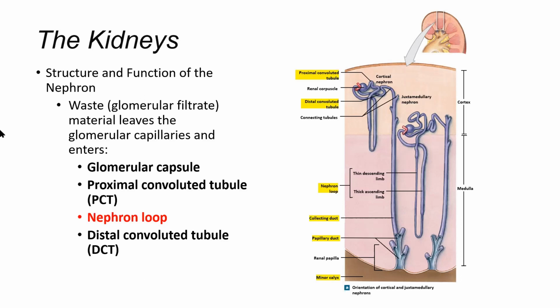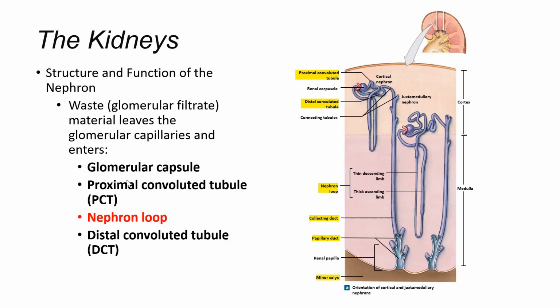That will then get communicated to the proximal convoluted tubule, so that's the initial part of the tubular structures. We then go to the nephron loop, so this downward projection here is the nephron loop, also called the loop of Henle. We then communicate to the distal convoluted tubule. And we really want to understand the relationship between the proximal convoluted tubule, the distal convoluted tubule, and the renal corpuscle, which is really the glomerulus and the Bowman's capsule.